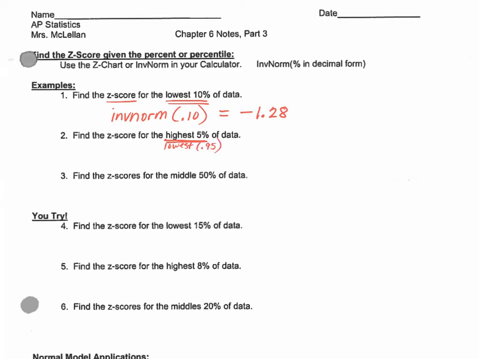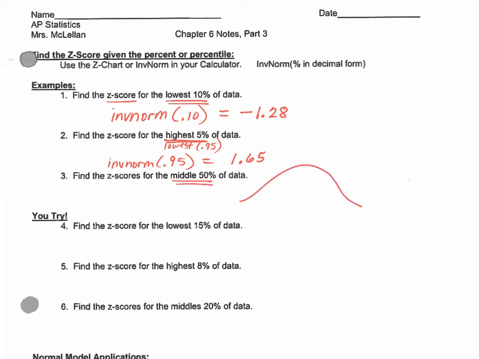The lowest 95%. So I'm going to inverse norm 0.95 in my calculator, and I'm going to get 1.65.